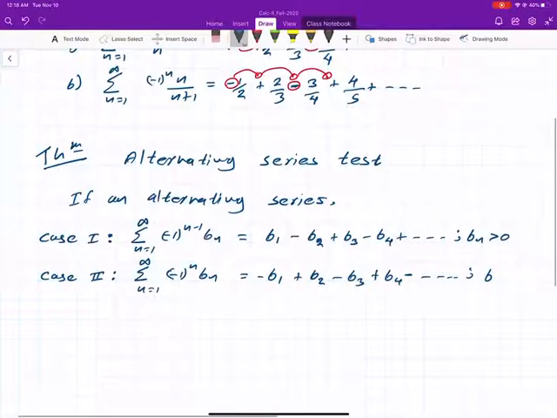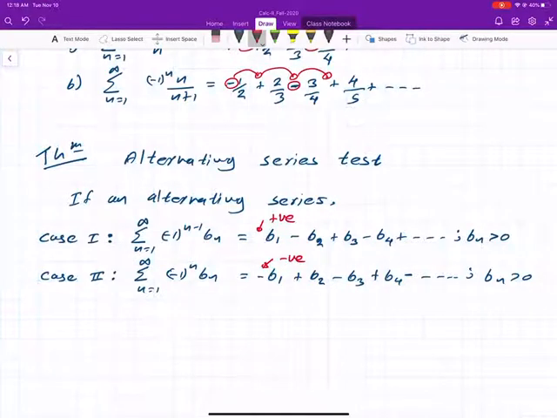And here also bn is positive. There are two cases. In the first case, the series starts with positive. In the second case, the series starts with negative. So those are the two cases.